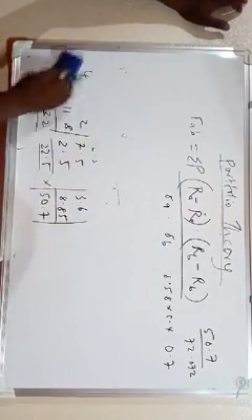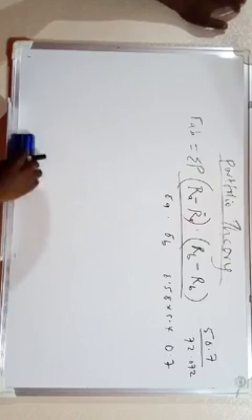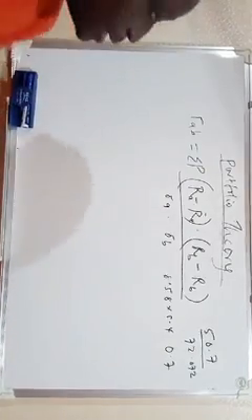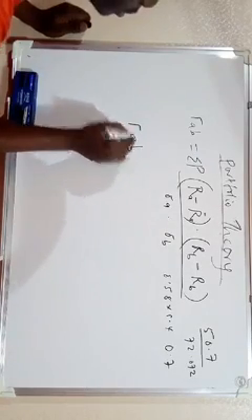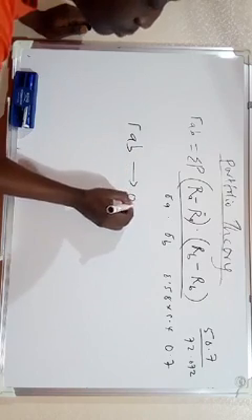So you can also use the formula to check for covariance. Because of time, I'm not going to do that. So therefore, the relationship between security A and B is 0.7.